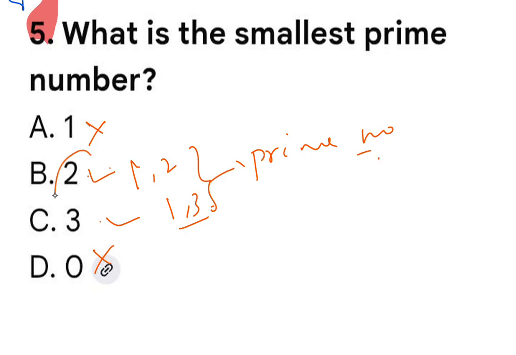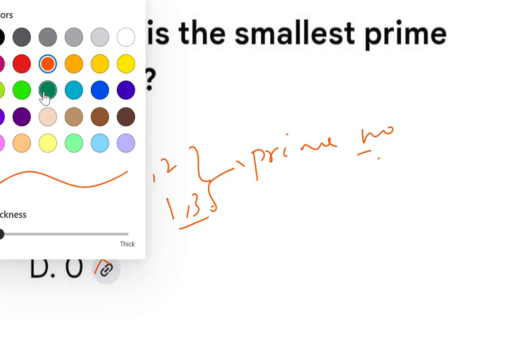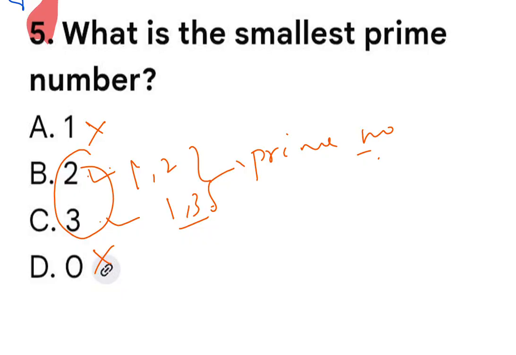So among these two, which one is the smallest? From 3 and 2, the smallest is 2. Very simple question. So the answer is option B. The smallest prime number is 2, which is the only even prime number. Okay. So option B is the correct answer.